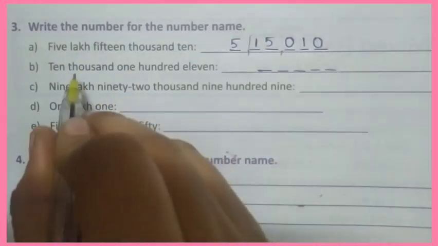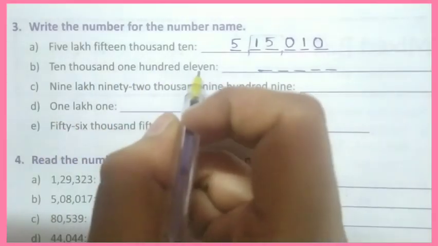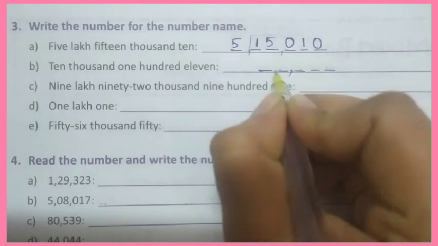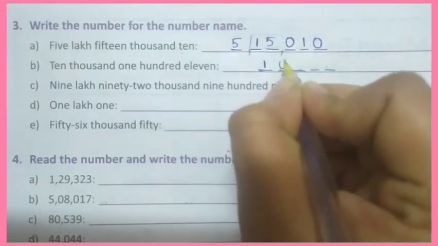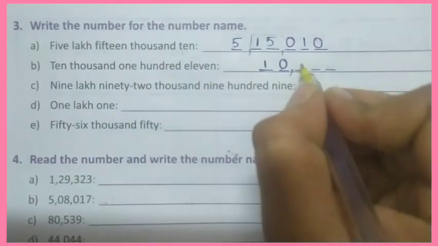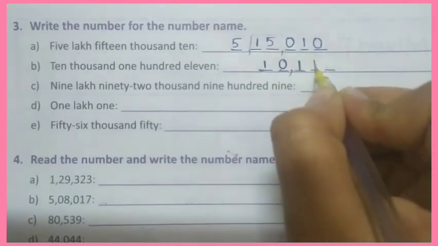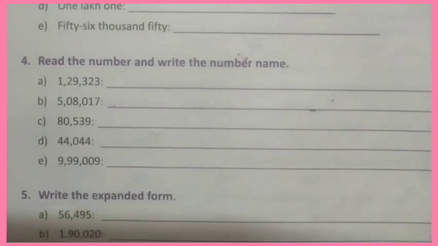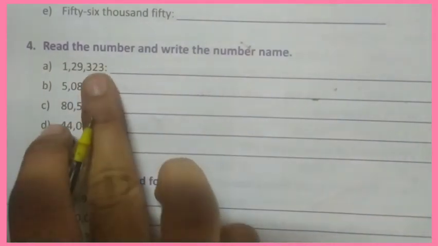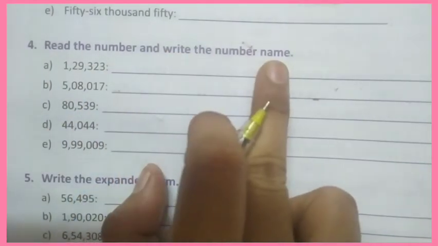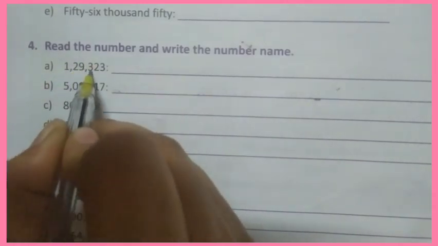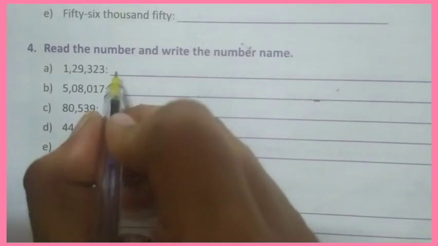Okay. Look here. 10,111. So ones, tens, hundreds, thousands, 10,000. 10,111. Complete these three. Okay. Here you have to read the number and write the number name. 1,29,323.